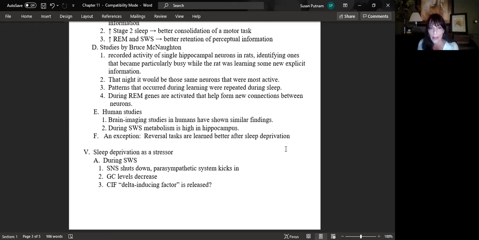An interesting exception is if you are trying to learn a reversal task, which can be as simple as learning to say some kind of alphabet backwards. I mean, just using that as a general example. To learn that, you actually do better after you're deprived of sleep.